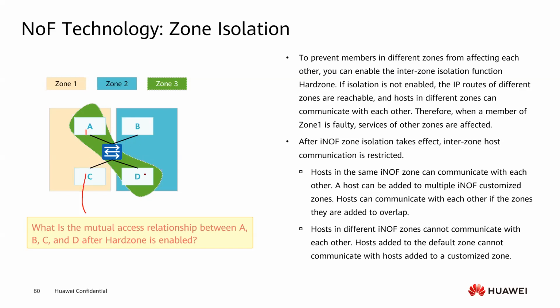B and D are in the same zone. And A and D are in the same zone, so they can communicate. So A and D, A and C, and B and D can communicate. Okay.